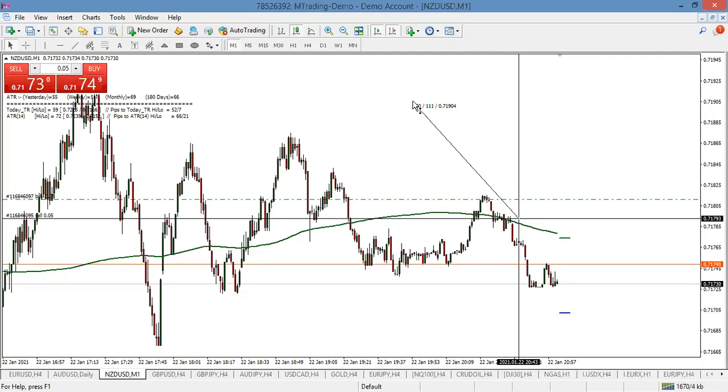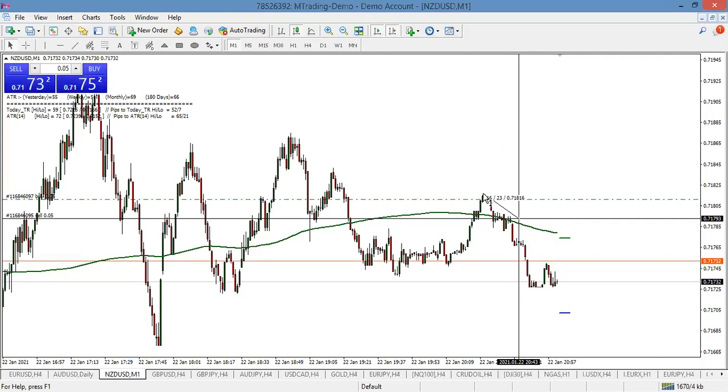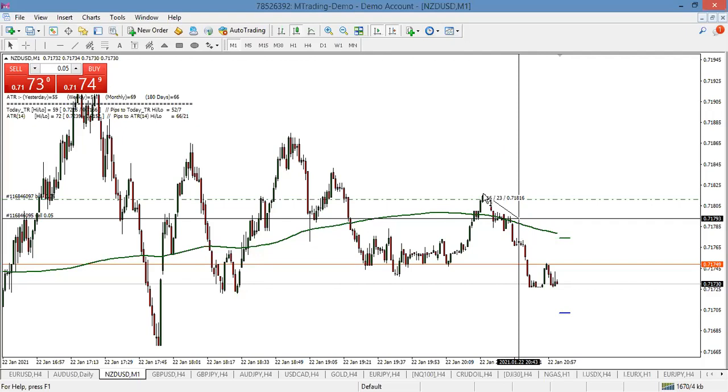The first one means the amount of candlesticks that you've covered either to the left or to the right. So from this point where I am here to this point, we have 16 candles. We have moved 2.3 pips or 2 pips, and then the price is at 0.71816.